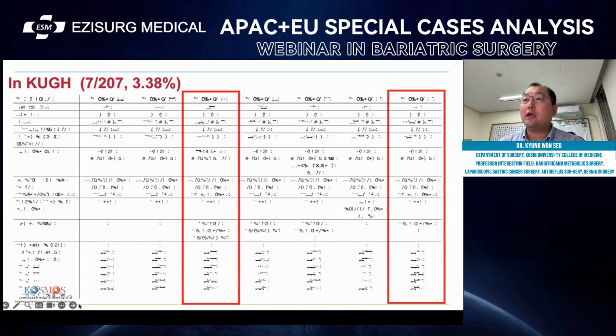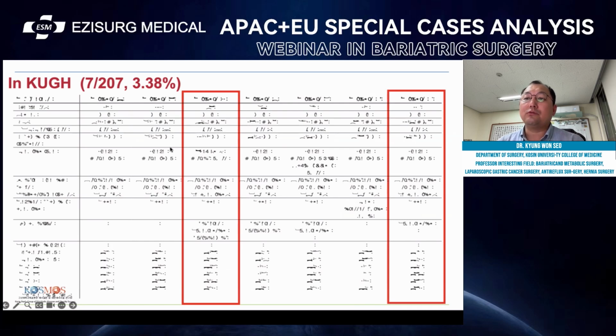Sorry, the slide is broken, but I want to show my 7 patients with bleeding after bariatric surgery, and 2 of these patients required reoperation. All 7 of my patients were male, and there was no significant difference according to obesity level.